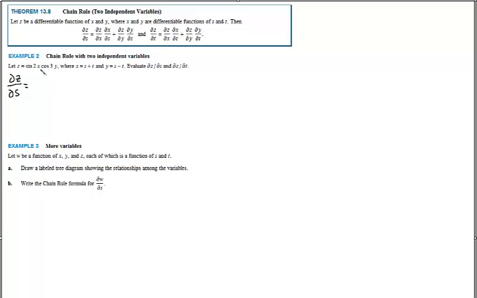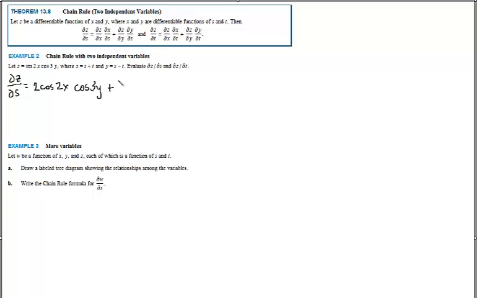Treat everything else as a constant, so the partial of z with respect to x would be 2 cosine 2x times cosine 3y. Then I would take the partial of x with respect to s, and that's just going to be a 1. I'll leave that one out.